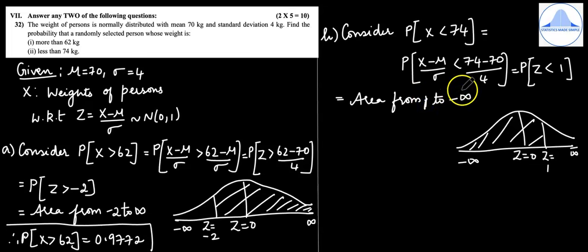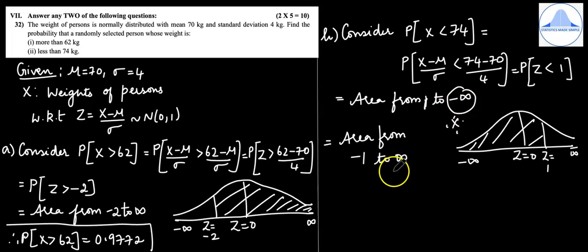Now the most important step, minus infinity. We cannot find out the area from any number to minus infinity in the standard normal table. So now you have to rewrite this step. Whenever you have minus infinity, you should change the sign throughout. So 1 will become minus 1, and then minus infinity will become infinity. Now how can we write this step?